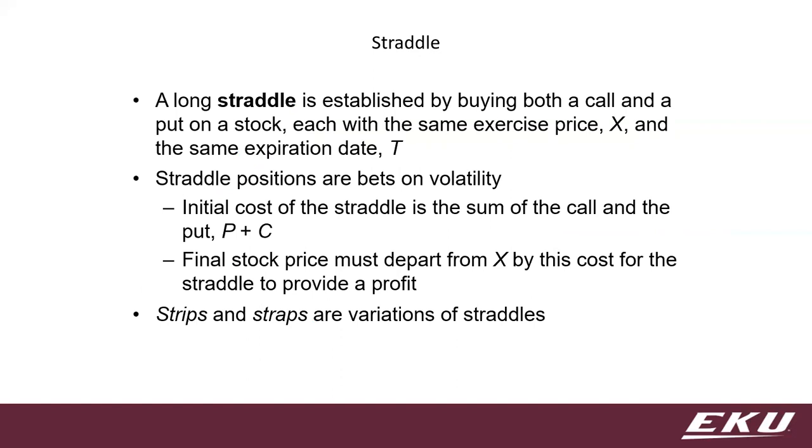One's a call and one's a put. And so basically I'm saying I want the stock price to go up or I want the stock price to go down. I don't want it to stay the same.